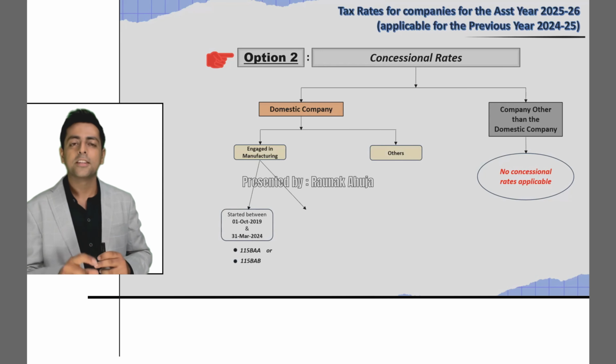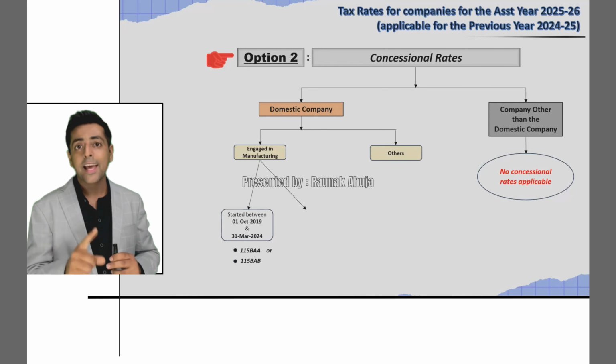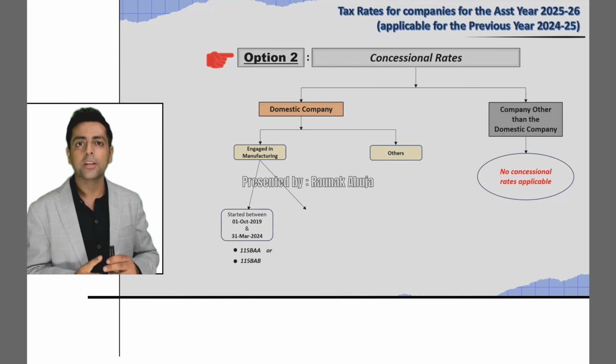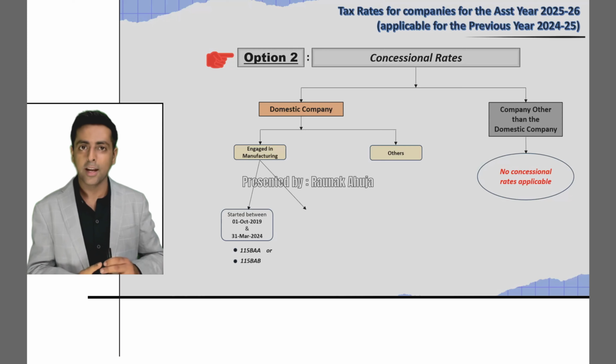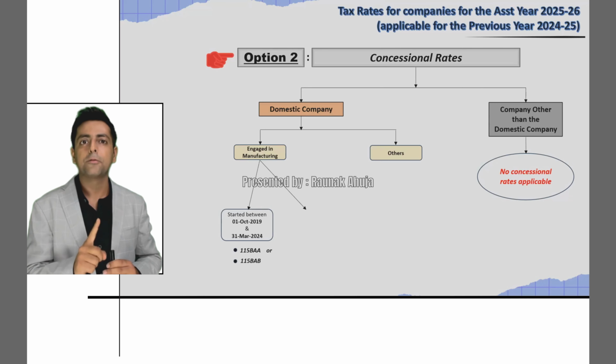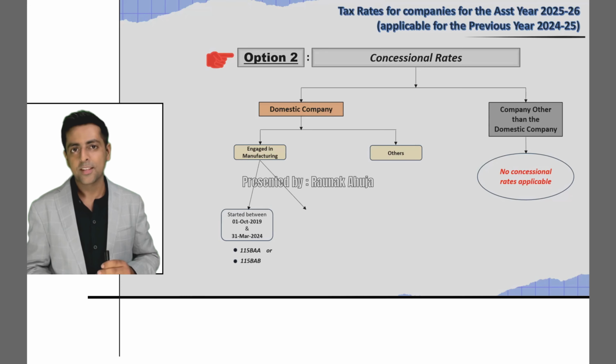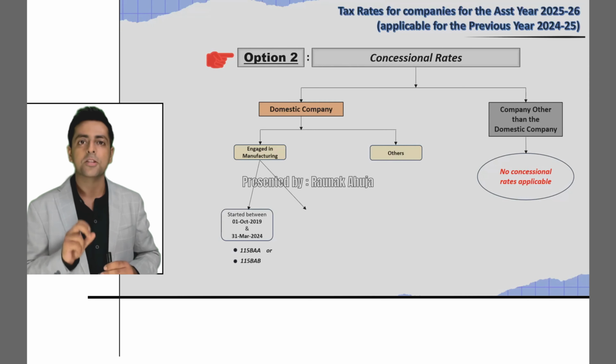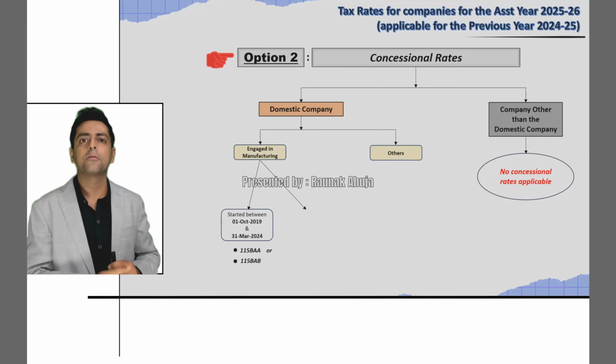Where the companies are engaged in manufacturing and have been incorporated or set up on or after 1st of October 2019 and up to 31st of March 2024, then in such a case they would be eligible to opt for concessional rate of taxes as per section 115BAA and 115BAB.